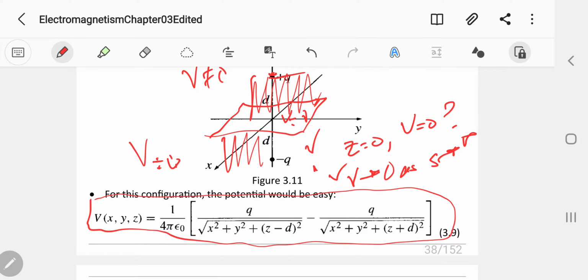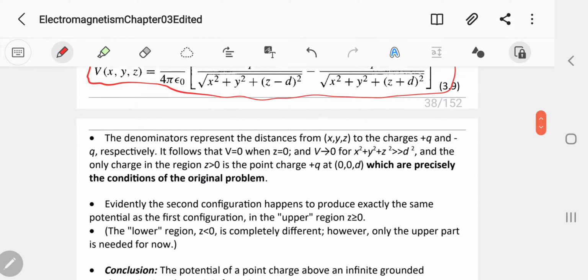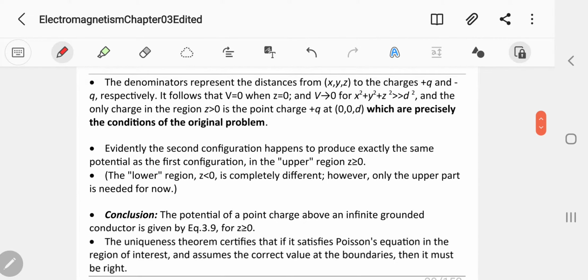So now, can we get the charge distribution of the conducting plane that is induced by the charge q? For example, if you put back the conducting plane and remove the negative q, can we get the charge there?